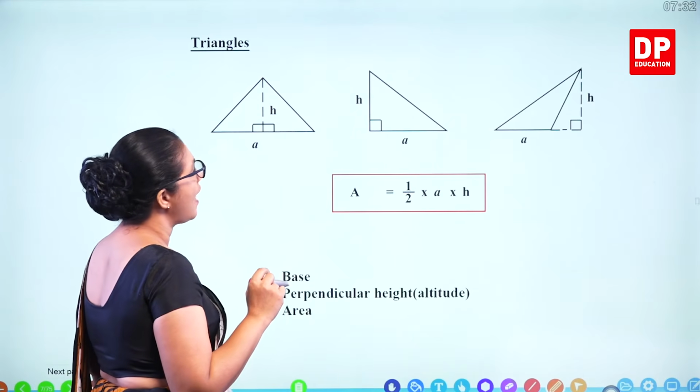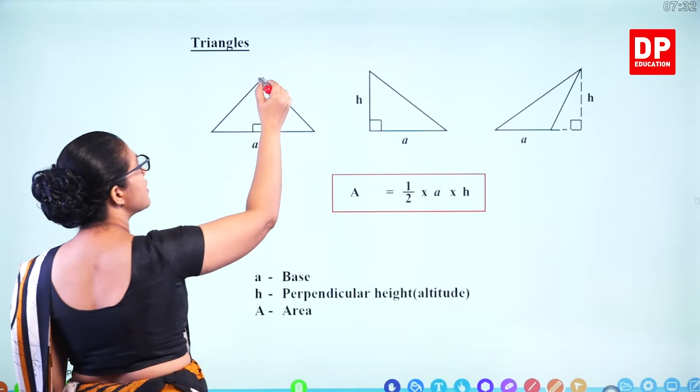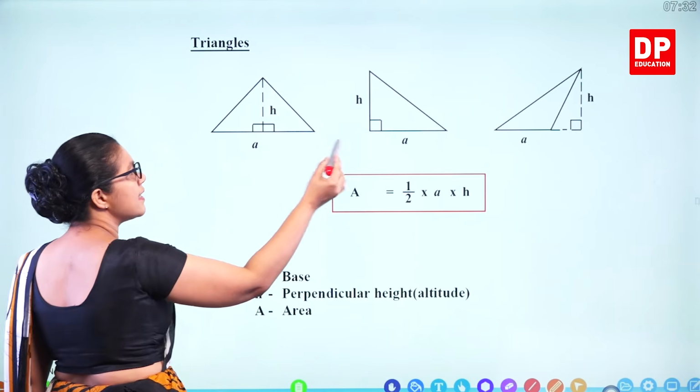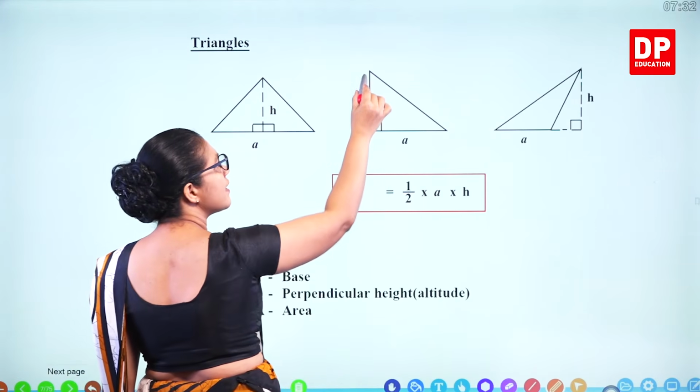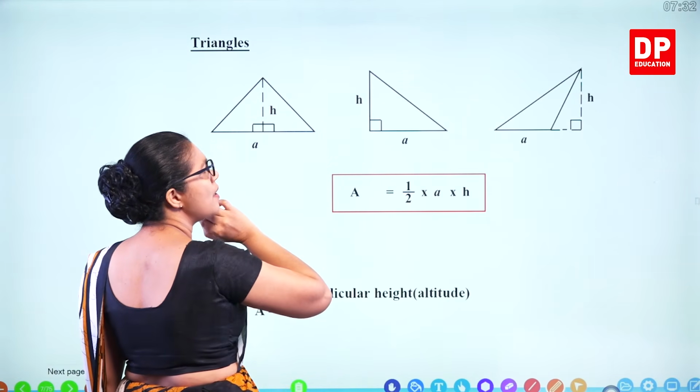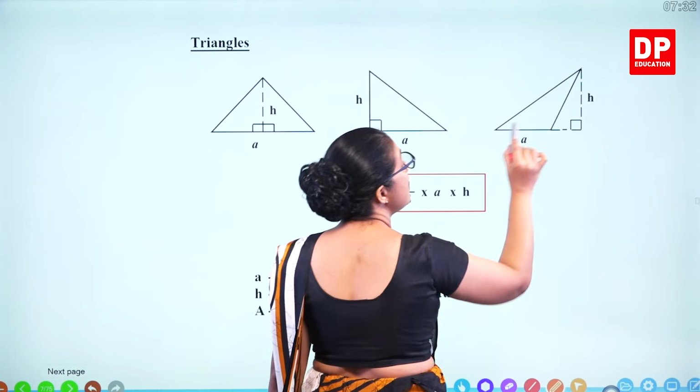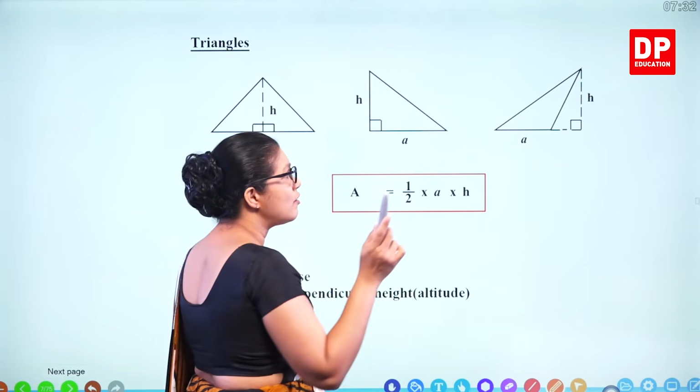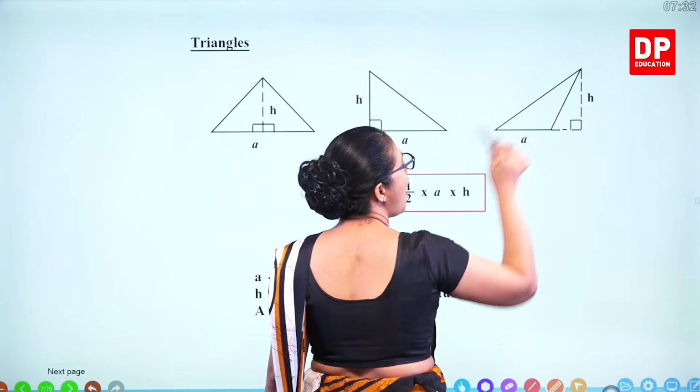When you take the acute angle triangle, we can draw the perpendicular height inside. In a right angle triangle, one side becomes the perpendicular height. In an obtuse angle triangle, you have to draw the perpendicular outside.